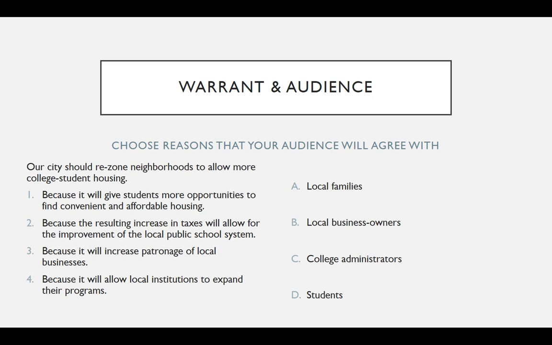Now, of course, you might be arguing to multiple audiences and you might want to provide several reasons that are going to be tailored to various audiences. But you do need to consider what's going to benefit that audience the most. So, if you were filing an appeal to the insurance that they should cover a procedure, you don't want to spend your whole letter talking about how sad you are without getting it and how your family is suffering for it.